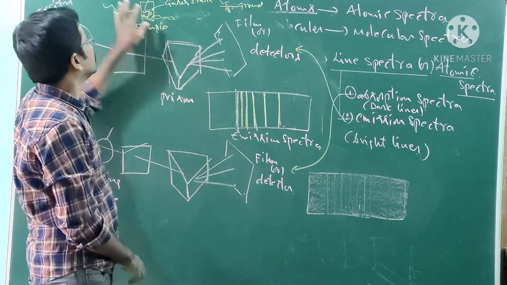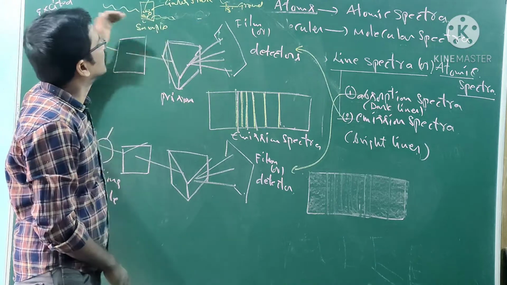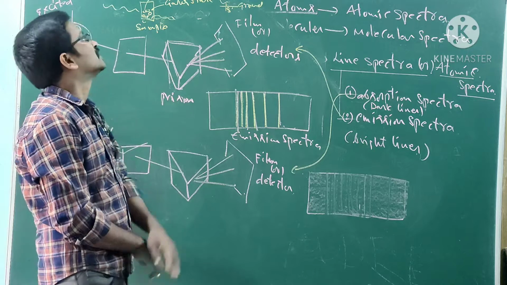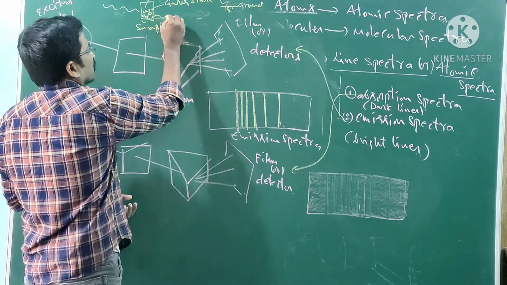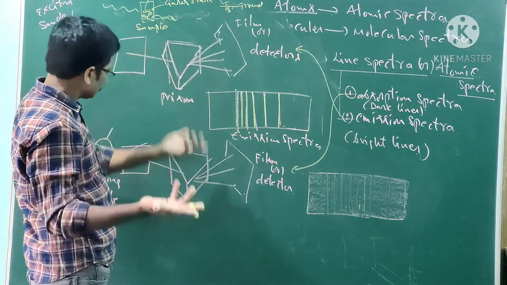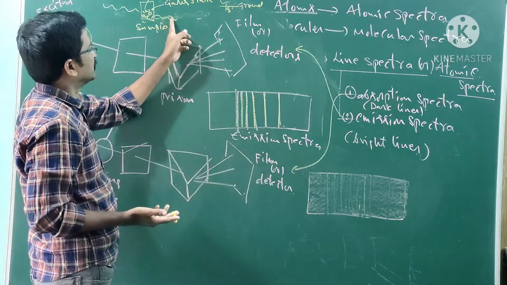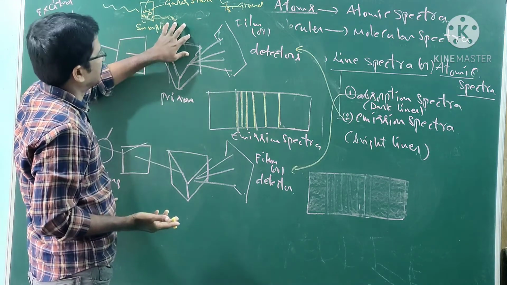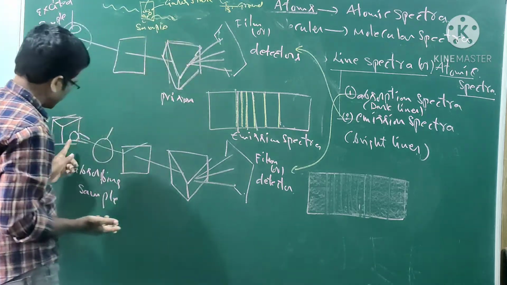That is the reason why some energy is missing when light comes out of the sample. Because of this emitted radiation, we get the spectra.